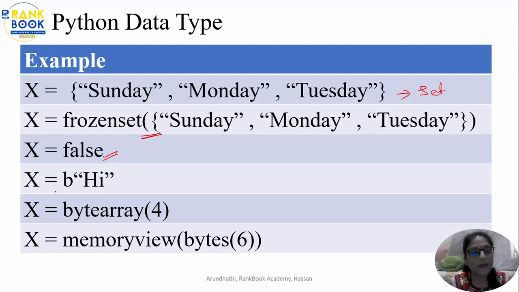And x is b"Hi", that means this is the representation of bytes. And next bytearray, and the last example represents memoryview, which is having the bytes of 6.